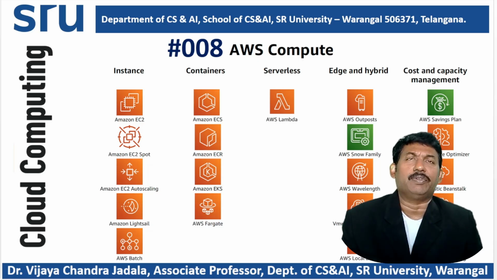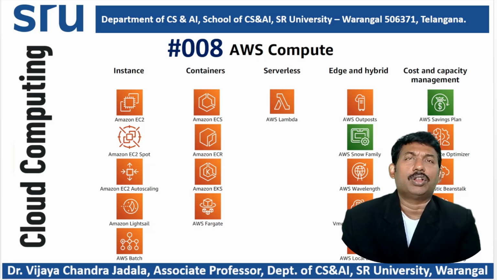The foremost service is Amazon EC2, that means Amazon Elastic Compute Cloud, which provides a resizable virtual machine. Next comes Amazon EC2 Auto Scaling, which supports application availability by allowing you to define conditions that will automatically launch or terminate EC2 instances.